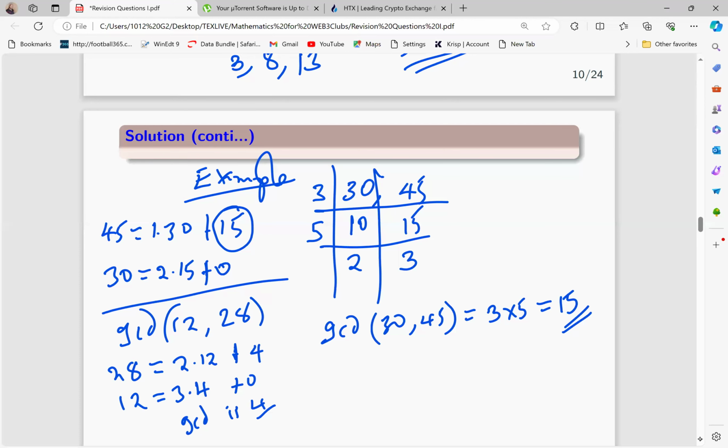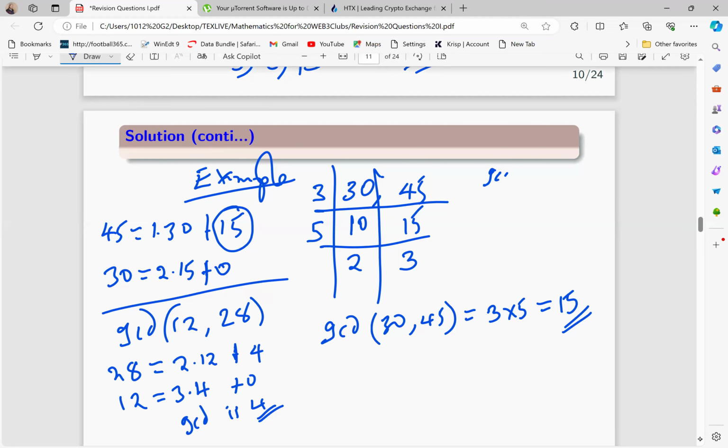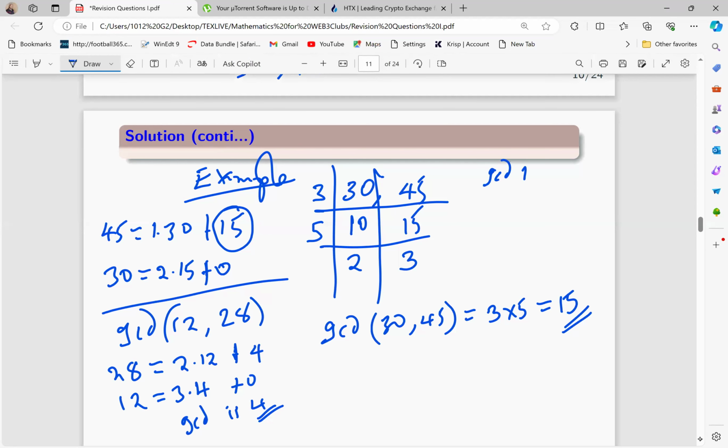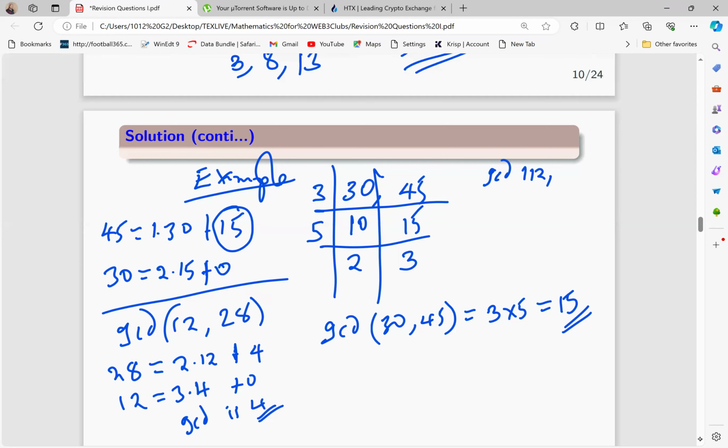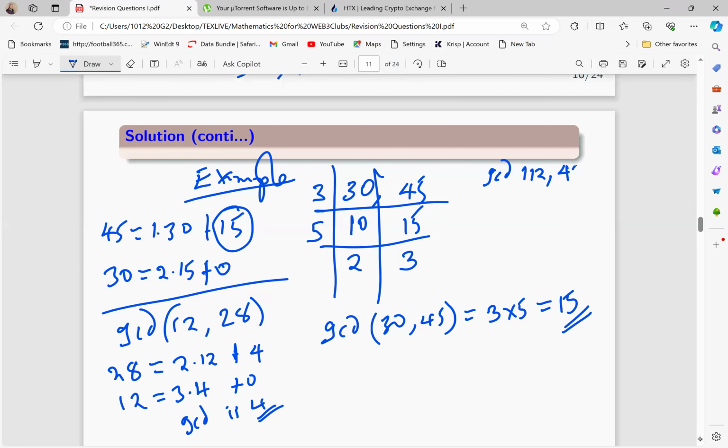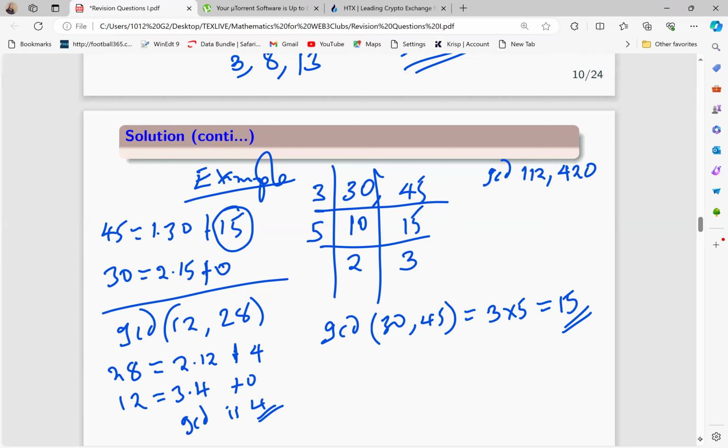Now, these are short examples. You can even have a longer one. Like the GCD of what? Let me take 112 and 420. Let's find the GCD. So first of all, we ask ourselves, 112 into 420. It would be 3 times.